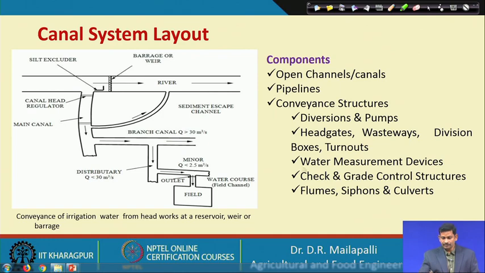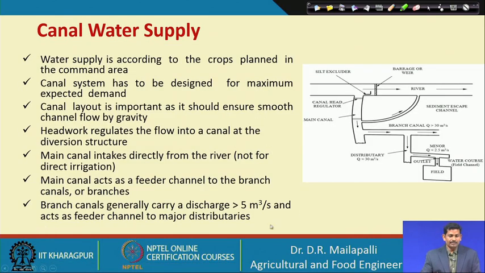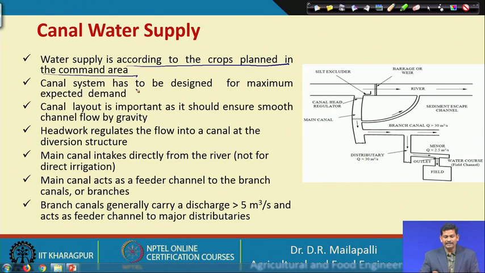Next, see canal water supply. The canal water supply is according to the crops planted in the command area. The command area is the area enclosed to a particular river basin.